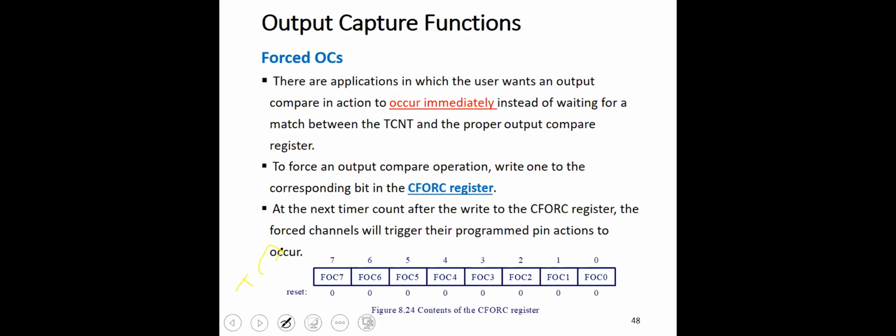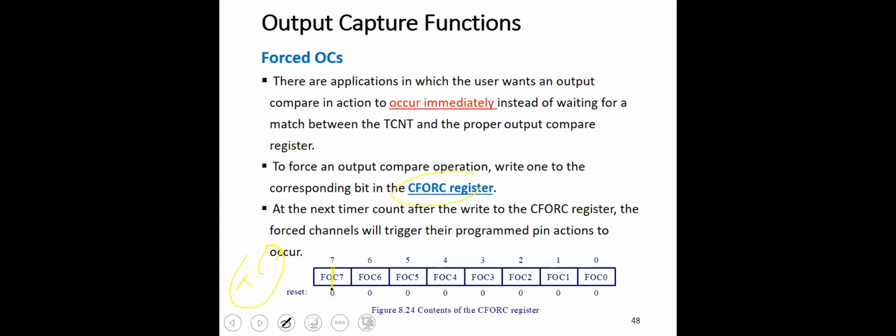When there is a match between TC7 and the timer register, we want to output logic 1 on channel number 7, on pin number 7 from port T. However, you discovered that there is an emergency and you want to force pin number 7 from port T to high now, and you can't wait until there is a match between TC7 and the timer register. So if you go to this register, the C force register, you write 1 here. This will force output compare channel number 7 to output the configured value, which in our example is 1.